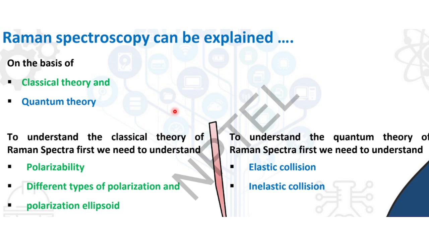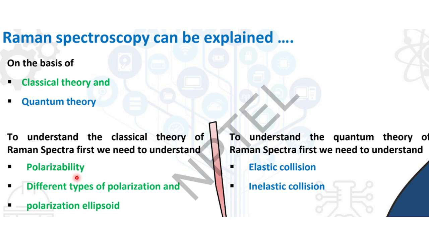Now, what is the fundamental principle behind the Raman spectroscopy? There are basically two theories. One is the classical theory, and another one is the quantum theory. From both classical theory and quantum theory, we can understand how Raman scattering happens and how we can determine structure or how it works. So to understand the classical theory, first we need to know polarizability.